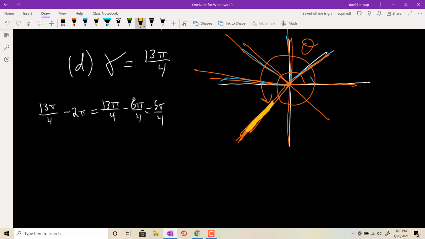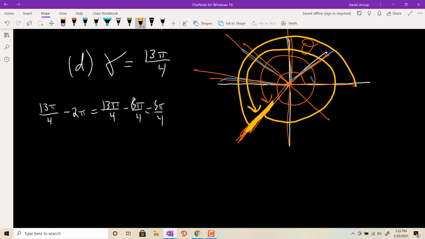If you end here and you add another 2 pi to it, what happens? Well, you go right around the circle and you end up right back where you started. If you subtract 2 pi from it, it's just going to go in the other direction, right? So it'll go in this direction and come back where you started. And you could continue to do that over and over and over, and you'll still be coterminal.